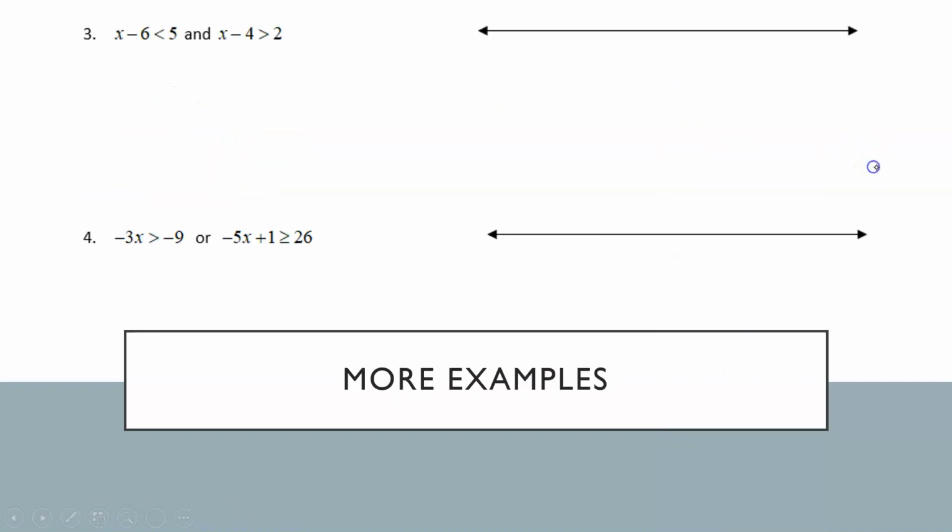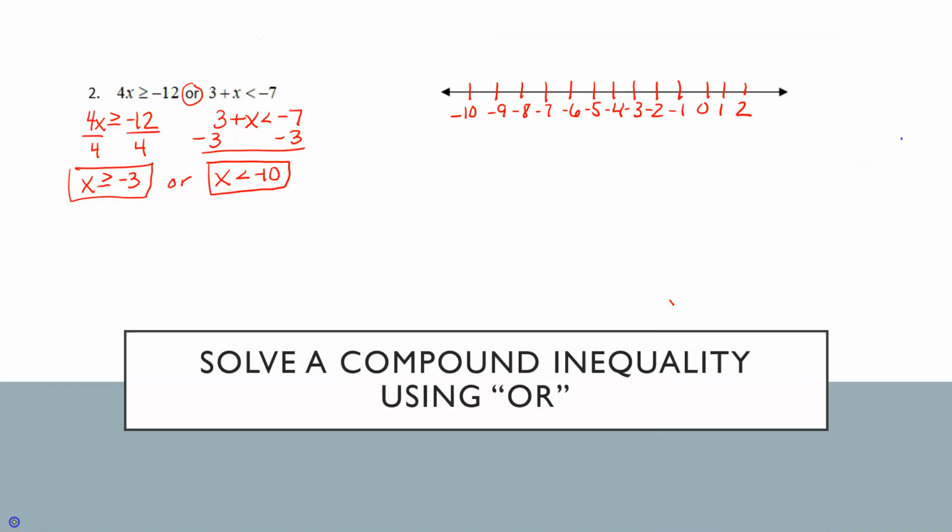And it's a closed dot. And where are the numbers that are greater than negative 3? Well, they're to the right. So there's that half of the graph. Now, I have x is less than negative 10, so that's an open dot. And the numbers that are less than negative 10 are that way. So that's how the graph for your OR is going to look.